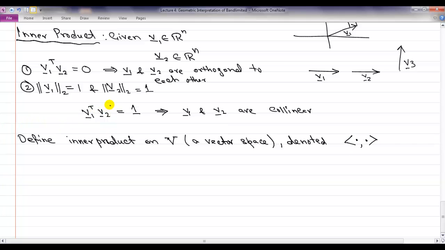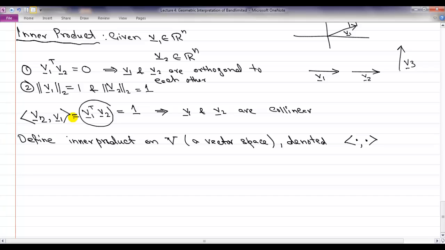For example, in Euclidean space, I can take this v1 transpose v2 and write it as angular brackets v1, v2. That's another way of writing the inner product.